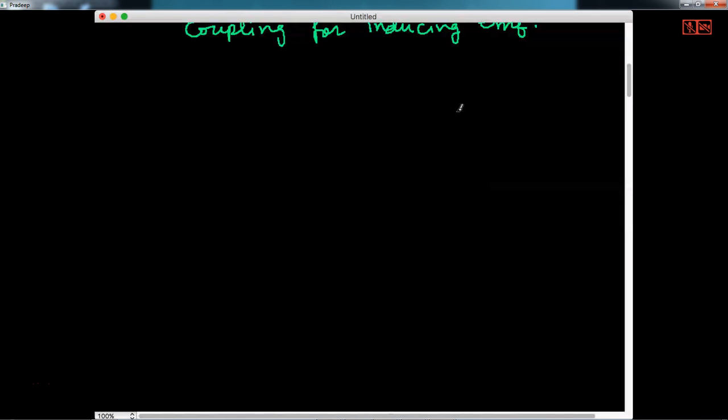Let's call this example 14.1. The question is simple. There is another question: what kind of core do we have to use? We have to use a core which can support high flux density.